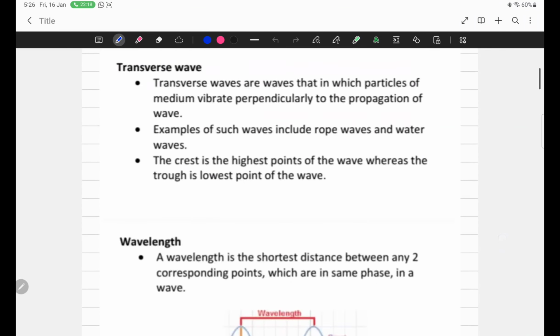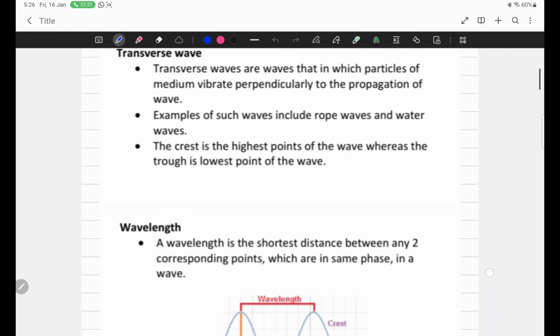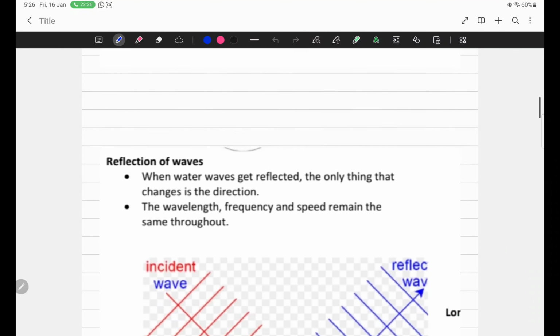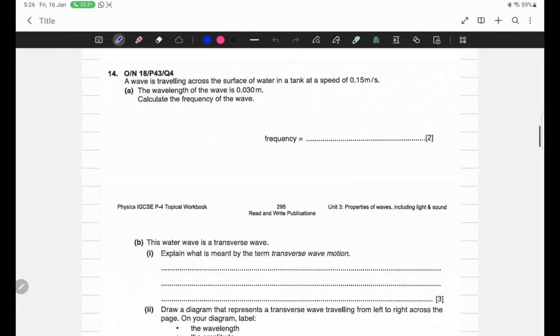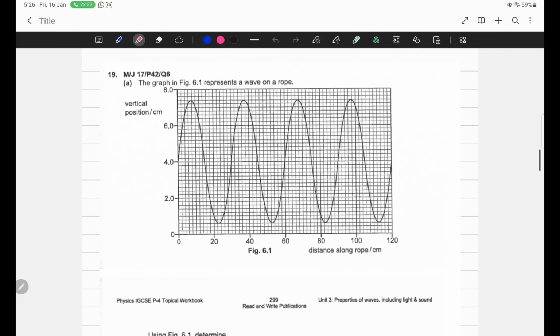So let's start from the past paper sheet. All these concepts which I have explained right now are in this sheet, which I will share with you just after my class. And right now I am solving question number one, from May/June 2017, paper 42, question number six.